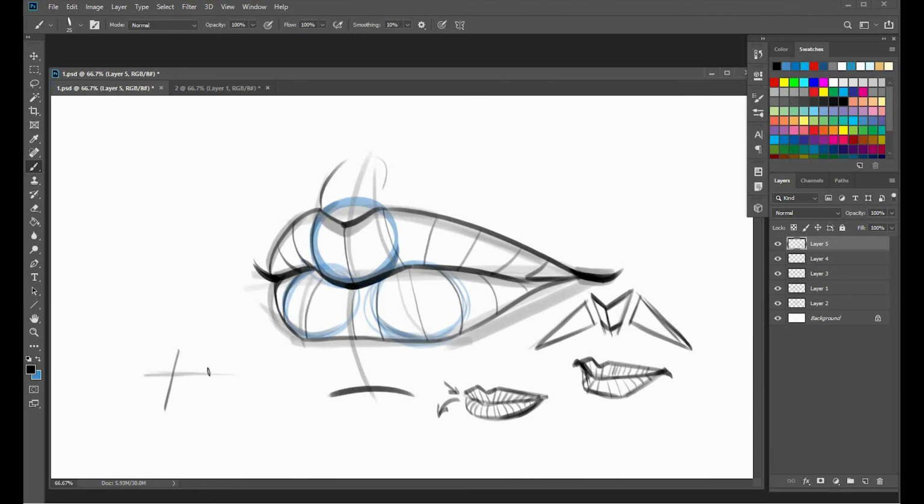It's very important that the main points of the lips form these two lines which are close at the top and the distance increases when they come down.